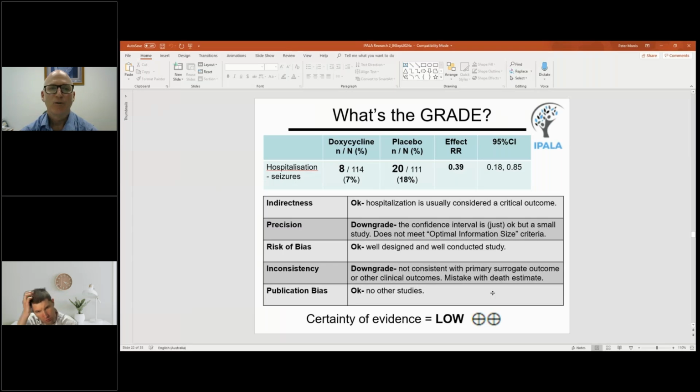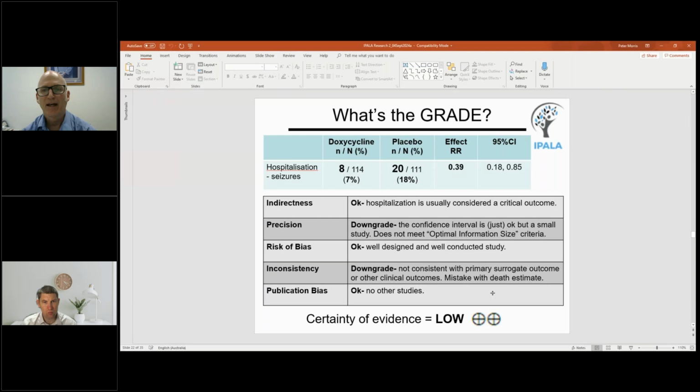And if we look at GRADE, they've chosen an outcome which is usually considered to be critical. Hospitalization, most people want to avoid. However, the precision, although the confidence intervals are not close to crossing 1, it was a small study, and because it's small, there's much more likelihood that the results might have occurred by chance.